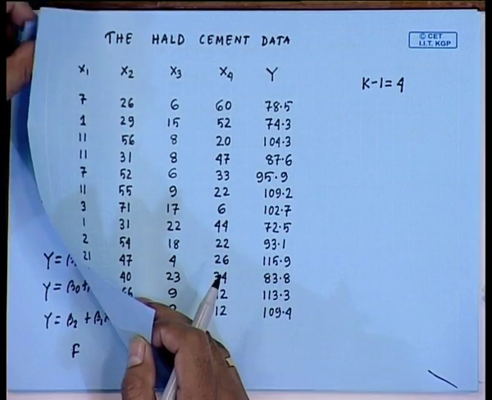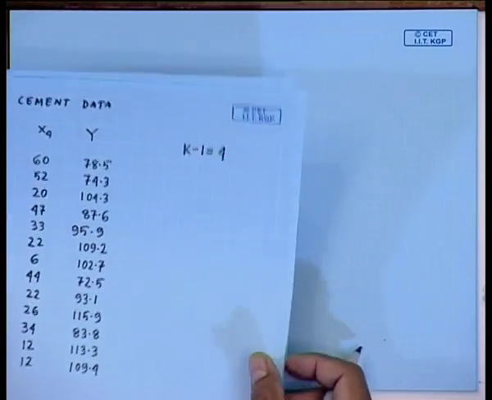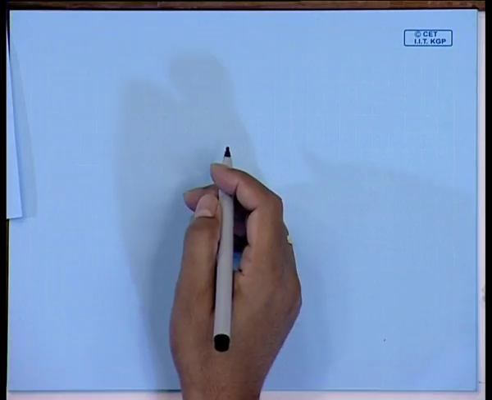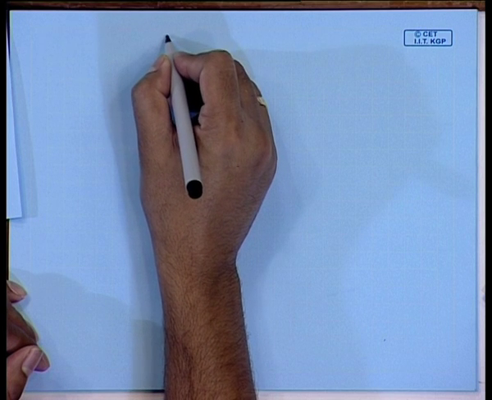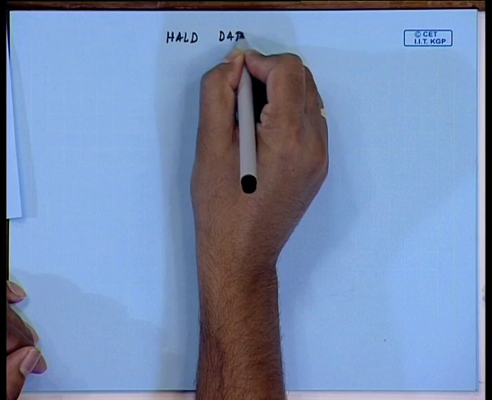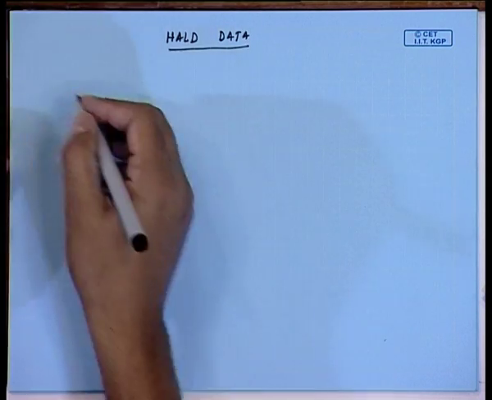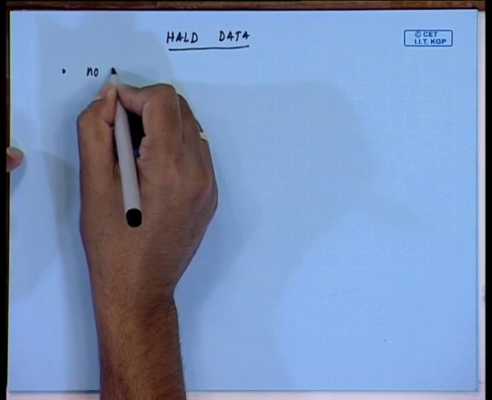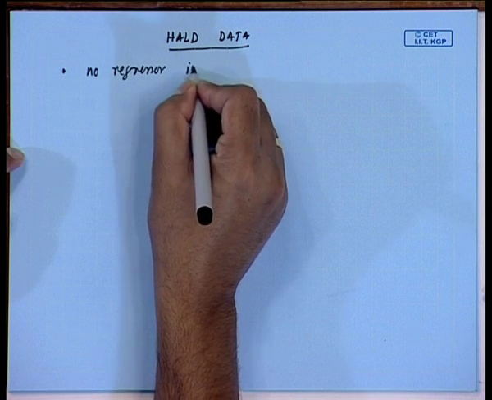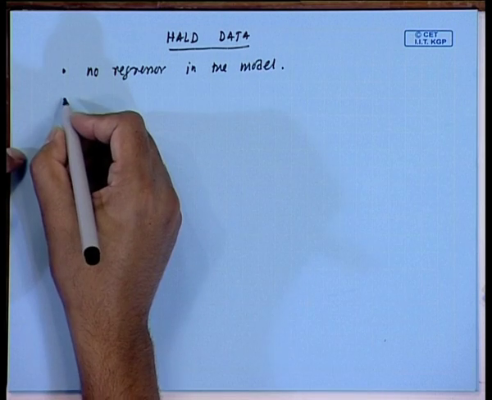Now I will illustrate the forward selection technique using the Hald cement data. Initially there is no regressor in the model.